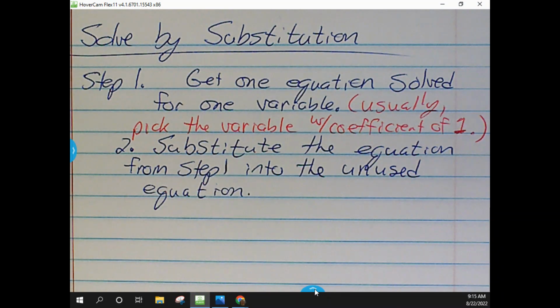Because to do step 1, you're only going to pick one of the two equations. To do the substitution, you substitute that answer into the equation you haven't used yet.